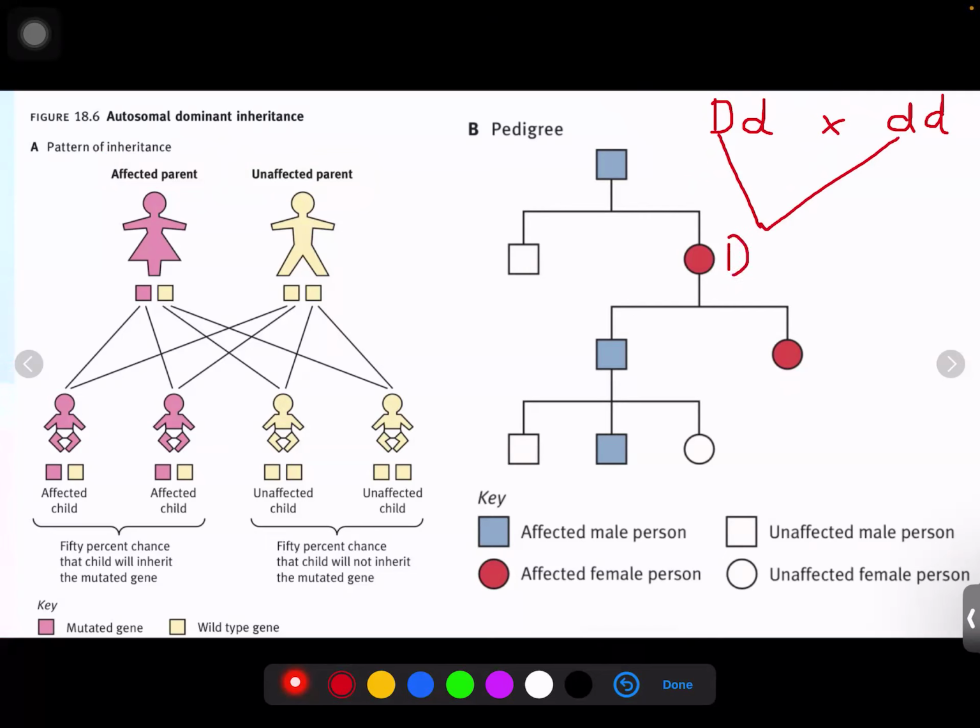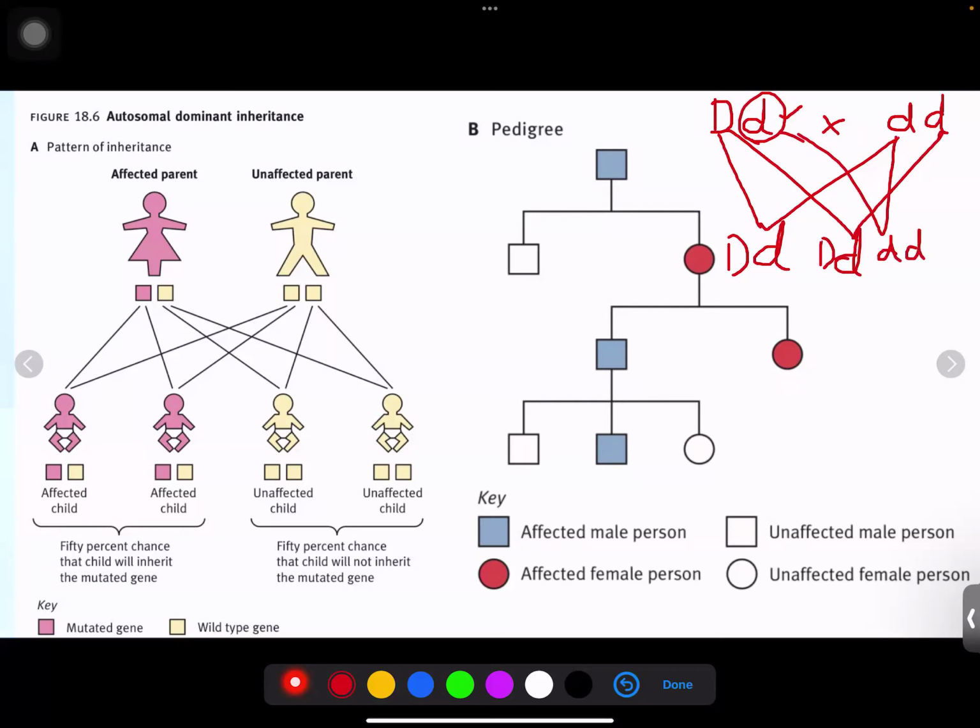It combines with this small d. Just write, don't think anything. Then again, this capital D combines with this d and makes this pattern. Then this small d combines with this small d, and this and this small d, again this small d.